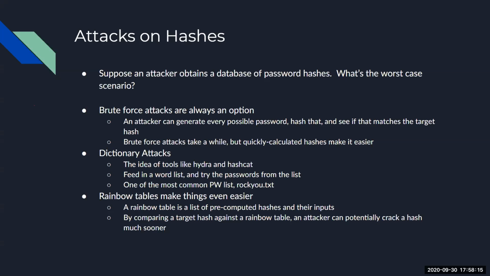But there are a couple of ways that hackers can use these databases of hashes. They can use a brute force attack, where first they find one word, then they find the hash for that word, and then compare that hash to the hashed password. If it doesn't match, they just keep trying again. You have a dictionary attack, which is what rockyou.txt is really good for.